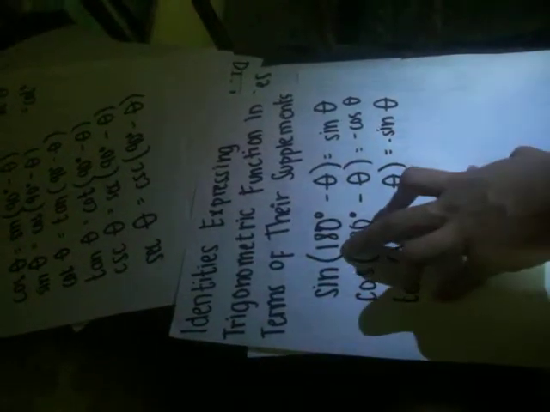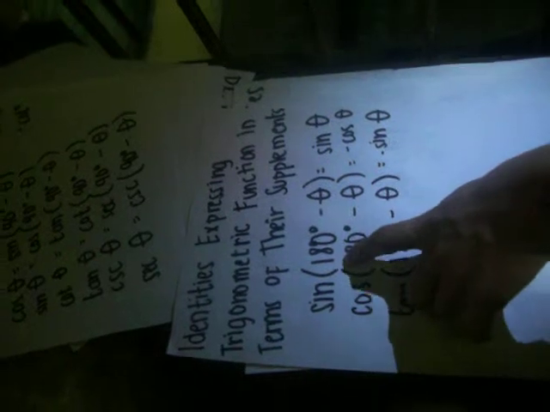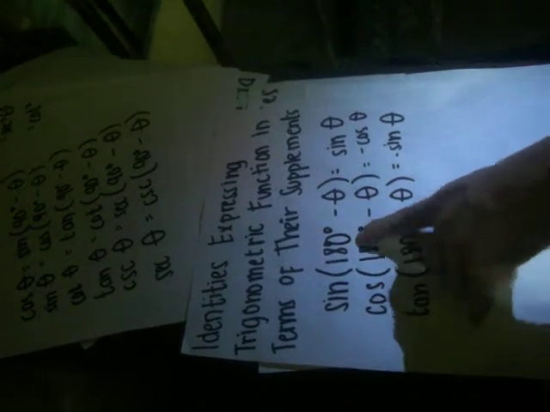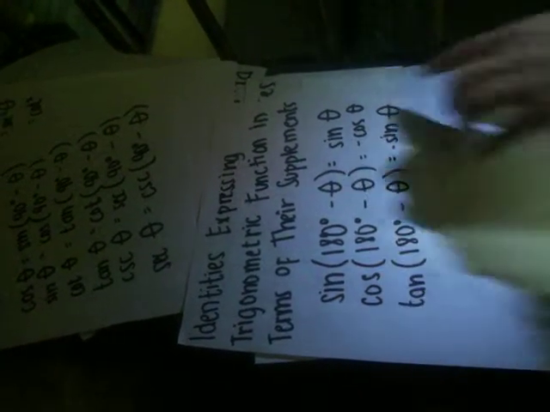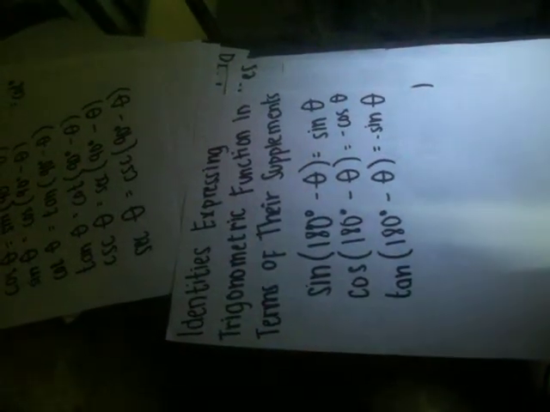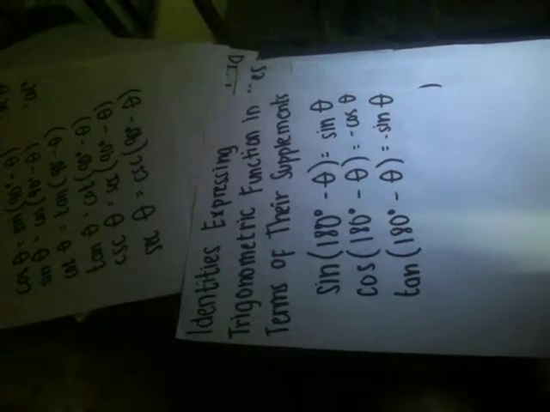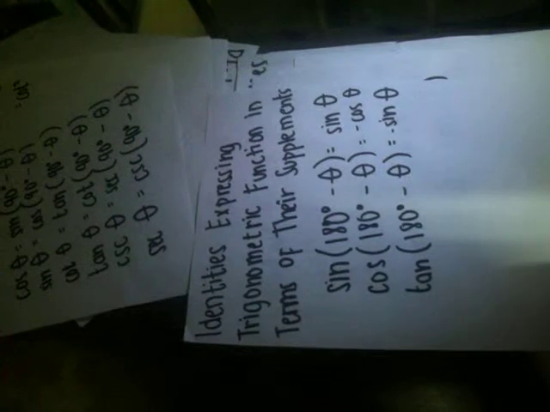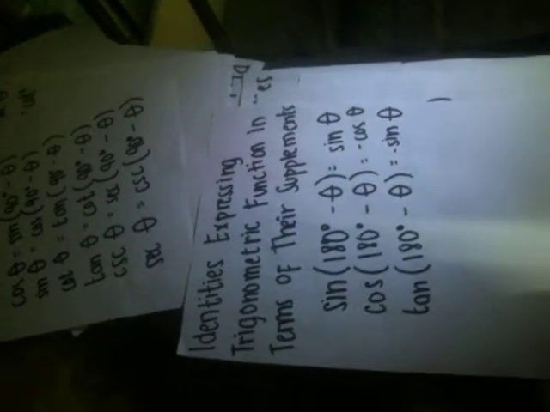Sine of 180 degrees minus theta equals sine theta. Cosine of 180 degrees minus theta is equal to negative cosine theta. Tangent of 180 degrees minus theta is equal to negative tan theta.